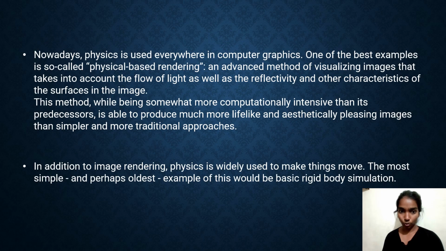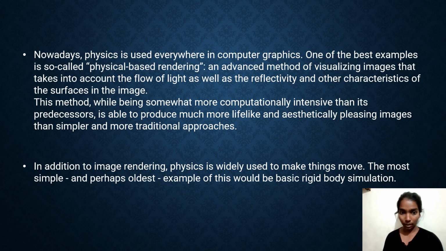Nowadays, physics is used everywhere in computer graphics. One of the best examples is so-called physically based rendering, an advanced method of visualizing images that takes into account the flow of light as well as the reflectivity and other characteristics of the surface in the image.